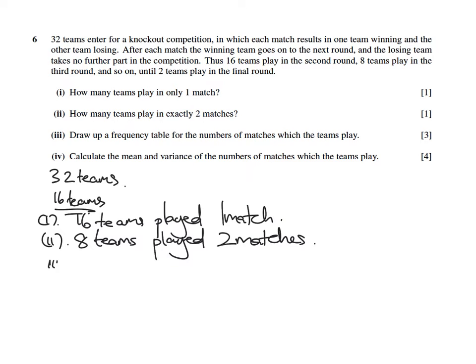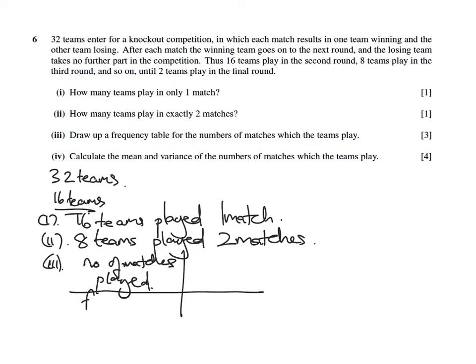Okay, next, part 3. For part 3, draw up a frequency table for the number of matches which the team played. Okay, so to do this, number of matches played over frequency.